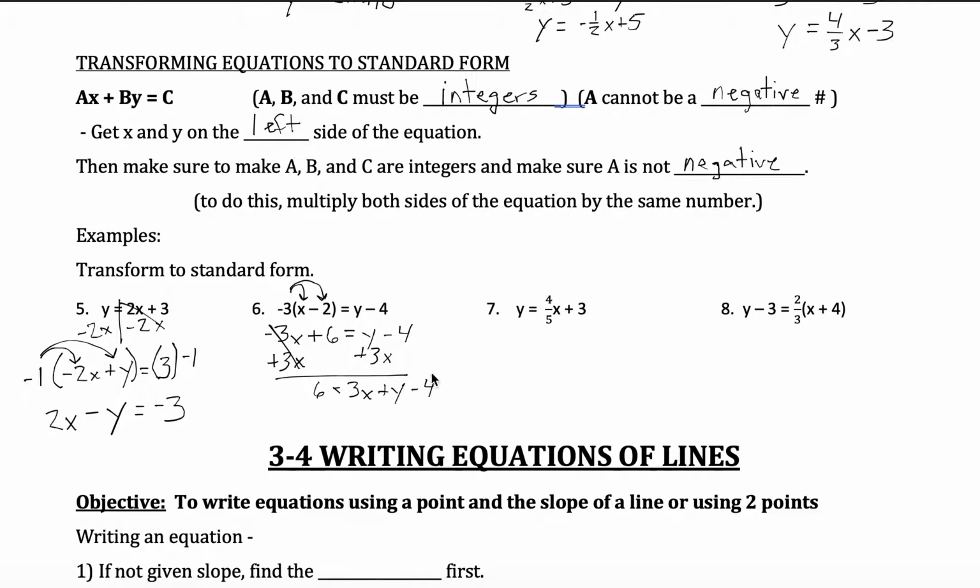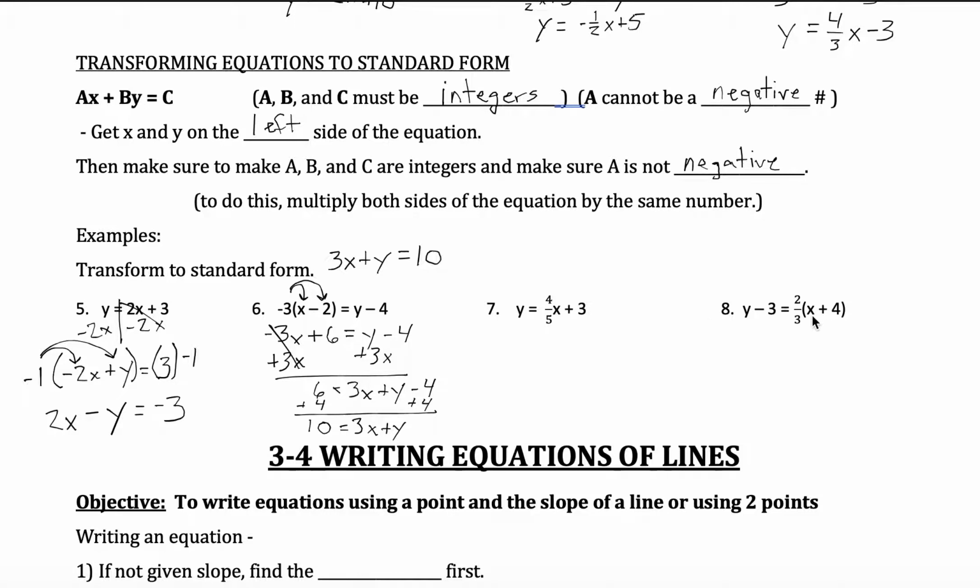We need to move this 4, so we want to add 4 to both sides. So we have 10 equals 3x plus y, but we want our x and our y terms on the left-hand side, so we can use our property of symmetry and flip that over the equal sign. So our final equation in standard form would be 3x plus y equals 10.